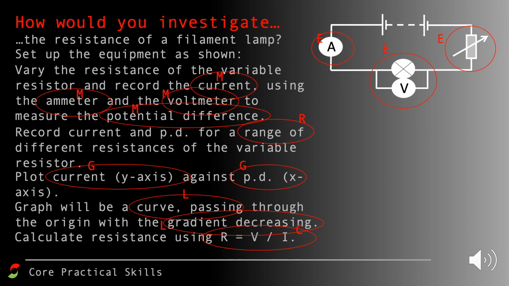And we could have actually done some reliability by repeating if that had come up in the question. So that's the sort of thing that you could use when you've been asked to investigate or write up an investigation.